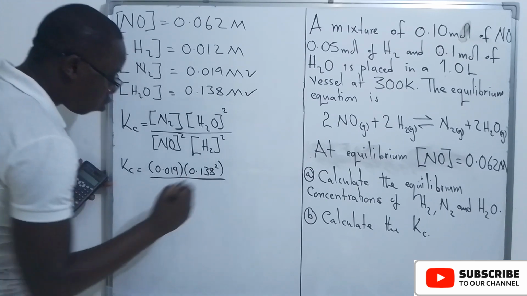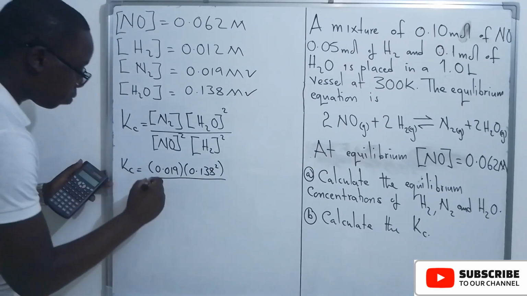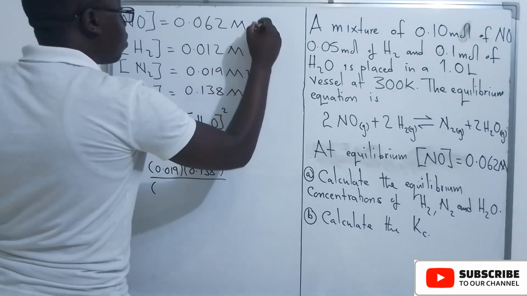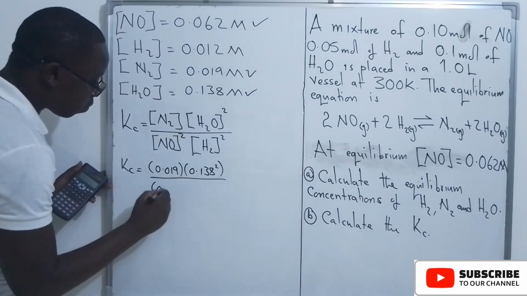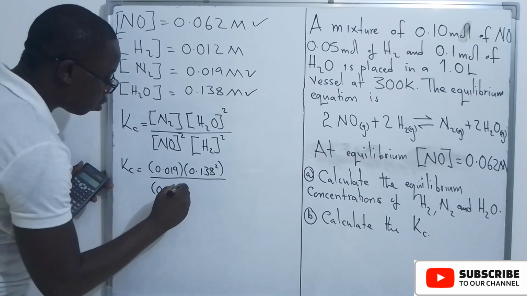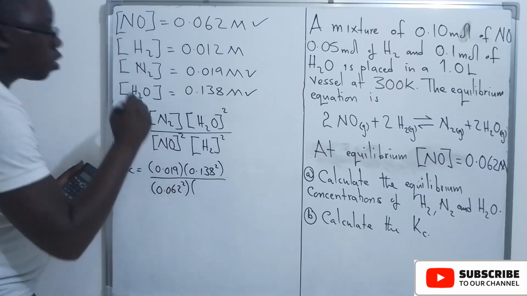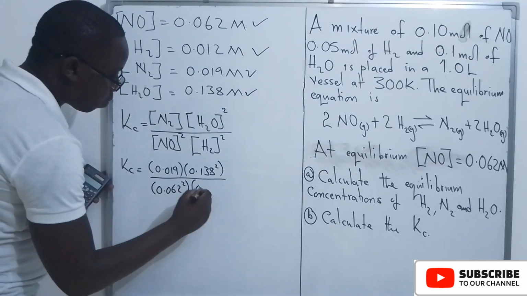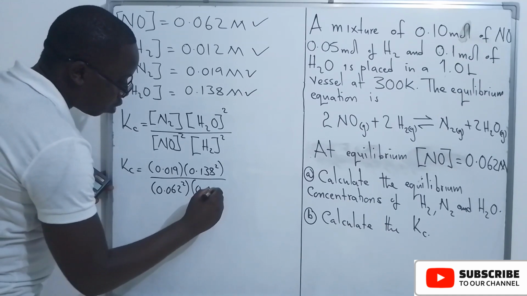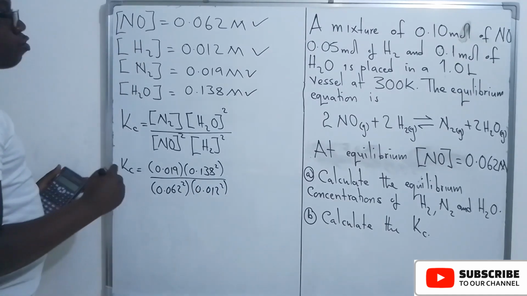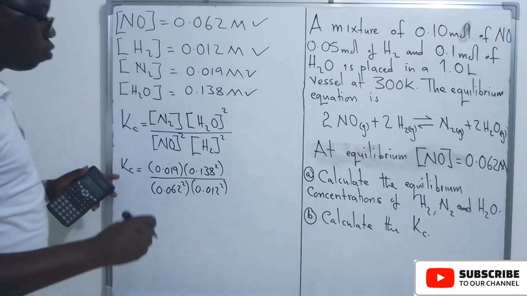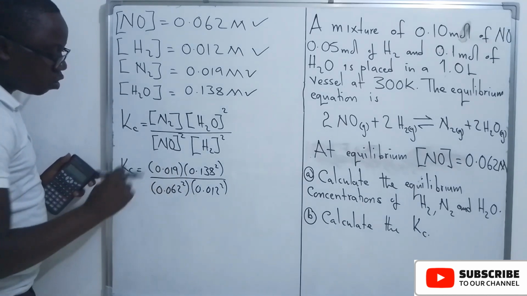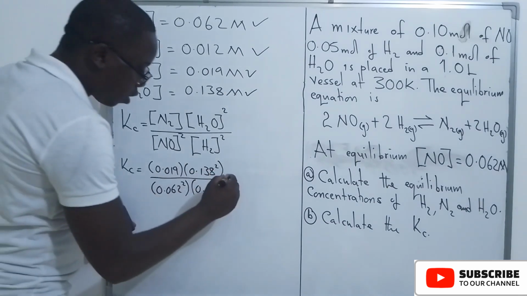And then we are dividing it with the concentration of NO. The concentration of NO is this one, which is 0.062 squared, and the concentration of hydrogen, which is 0.012 squared. Now you have seen I was ticking what I've used so that I do not make any mistake when I'm putting these values in the expression there.